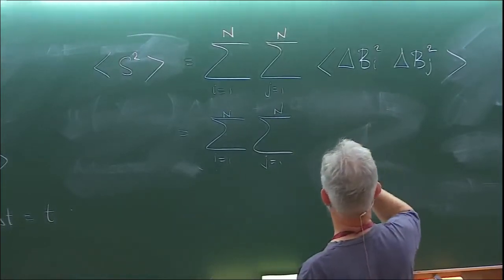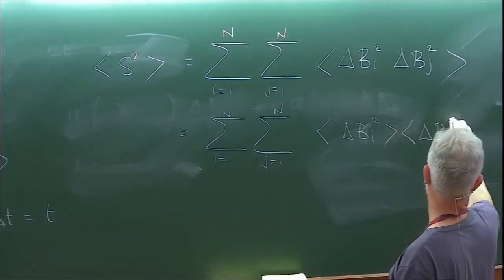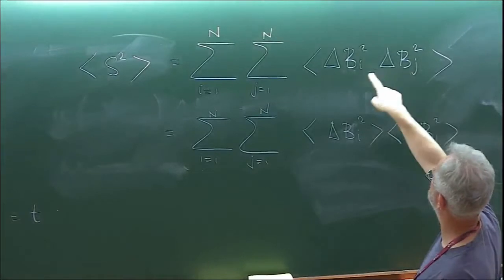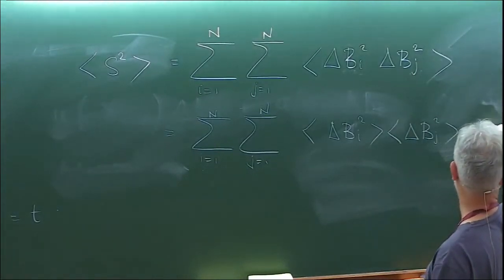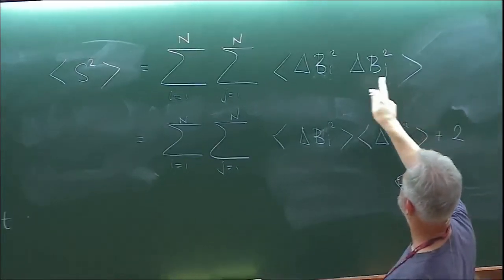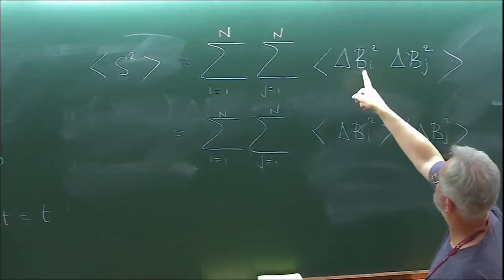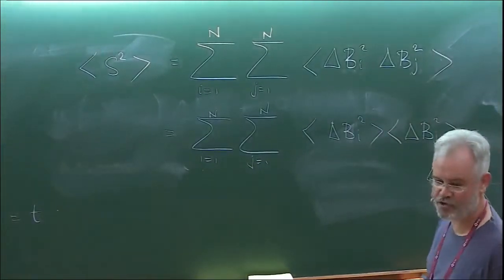So actually there are 2 things I can do here. I have to choose, put these guys in pairs. So what I can do is take the delta b_i squared and put the 2 delta b's together, okay? I can also take the delta b_j squared. But actually I've got 2 factors of delta b_i, so when I decide to cross the i and j, there are actually 2 ways of doing it.